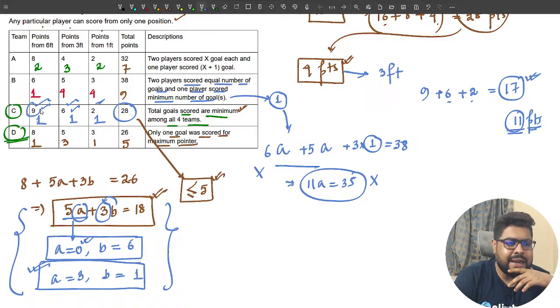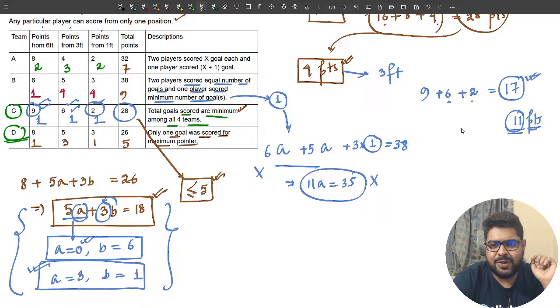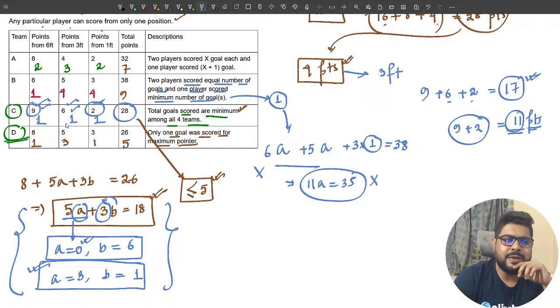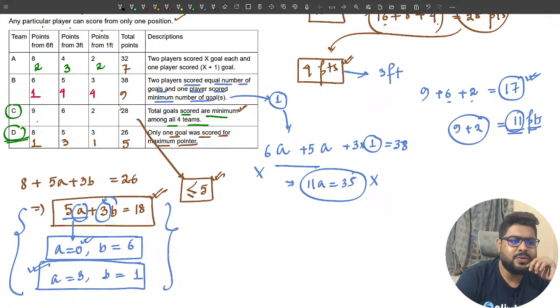So 1 of 9 and 1 of 2 is the only possible way. So this is 1, this is 1. So this is 2, 1 and 2.